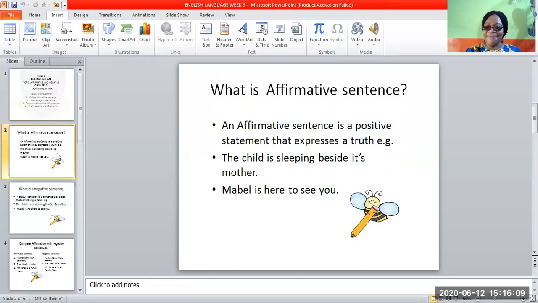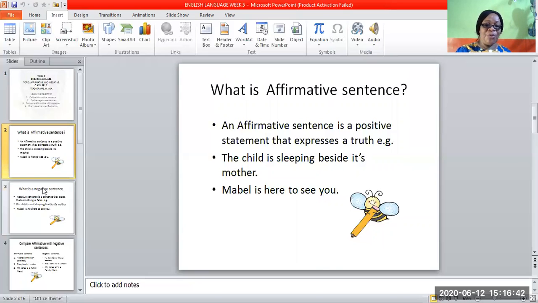So in our example, the child is sleeping beside its mother is a positive sentence. Another example: Mabel is here to see you. It's a positive sentence, because you have seen Mabel and you are reporting that Mabel is here to see me.